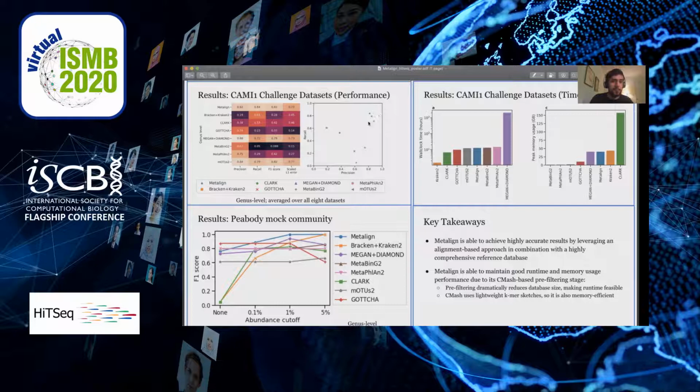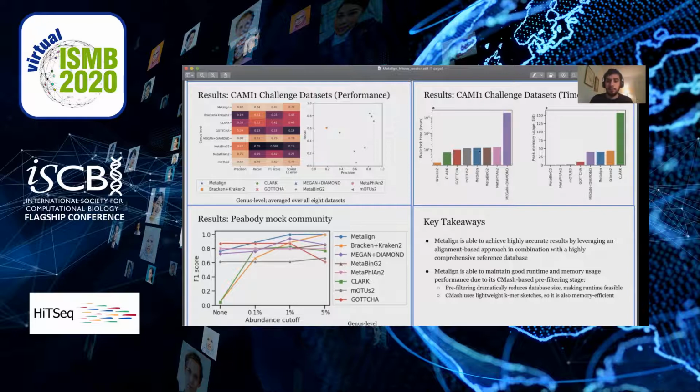What immediately stands out is Metalign, mOTUs2, and MEGAN, another alignment-based approach, in terms of precision and recall. Also L1 error, a measure of abundance estimation error, which here I flipped and rescaled such that one is better, like the other metrics. So these 3 methods really stood out. The other methods, Bracken, CLARK, Kraken, MetaBinG2, MetaPhlAn2, struggled in either recall or precision. MEGAN, which was highly accurate, was however dramatically slower than the other methods.